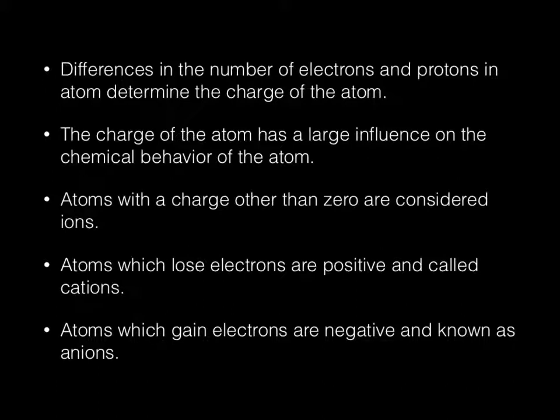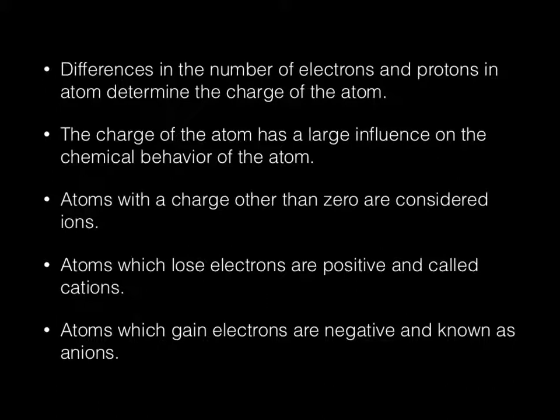First and foremost, the differences in the number of electrons and protons determine the charge of an atom. Protons are positive, electrons are negative. If you have more electrons than protons, it's negative. If you have more protons than electrons, it's positive. It's simple math. Additionally, neutrons have zero influence over the charge of the atom. Neutrons are basically negligible when it comes to bonding.